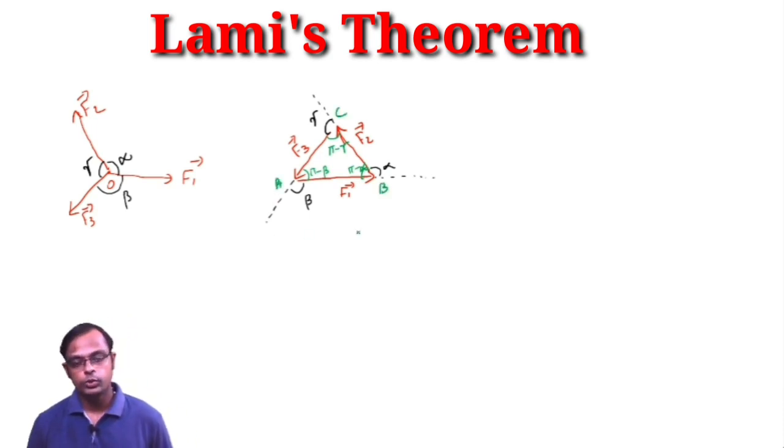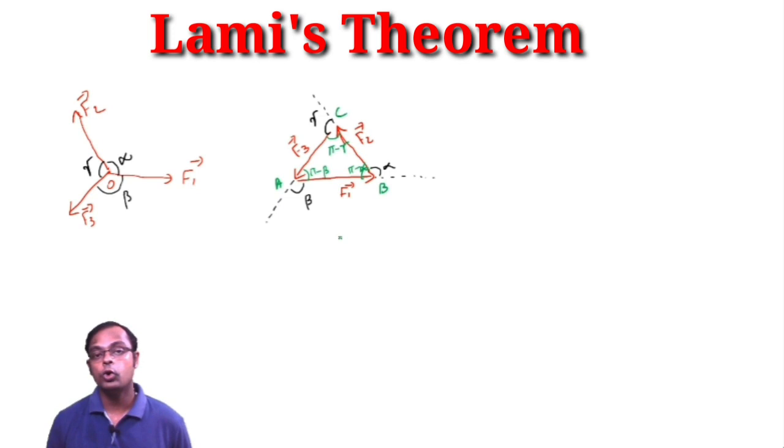Now what you have to do here? Apply the law of sines. We have already learned about the law of sines, right? So we can write the law of sines like this. F1 divided by sine pi minus gamma, since the F1 opposite angle is pi minus gamma, is equal to F2 divided by, what is the opposite angle here?